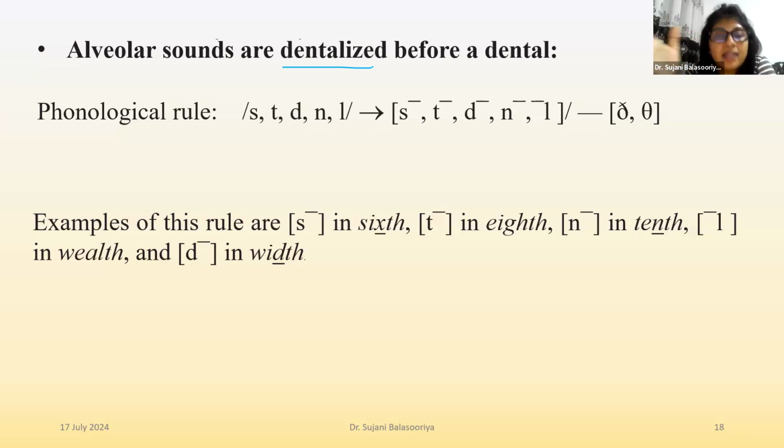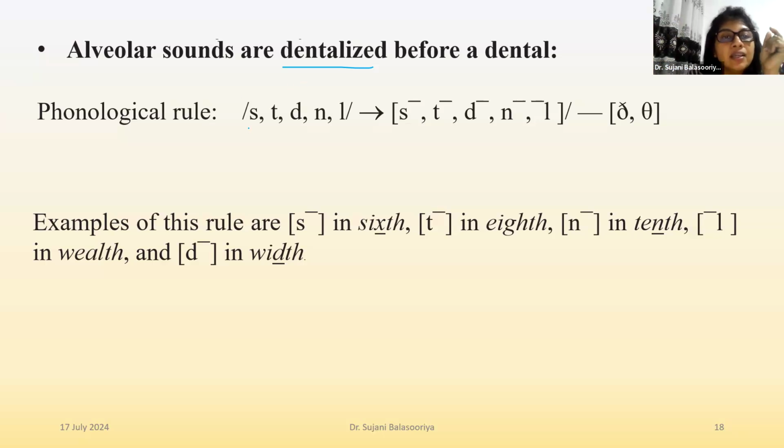But that can change in usual pronunciation, where these alveolar sounds can become dentalized because of the influence of the following dental sound. So this is the phonological rule that can be written to show that.